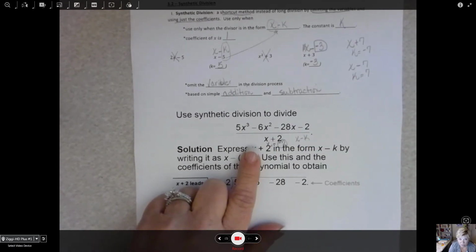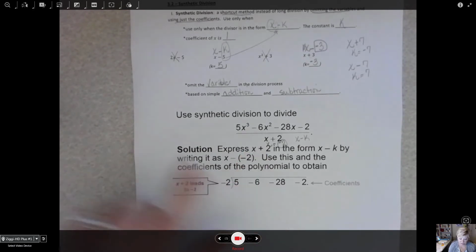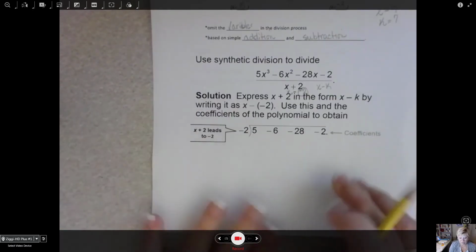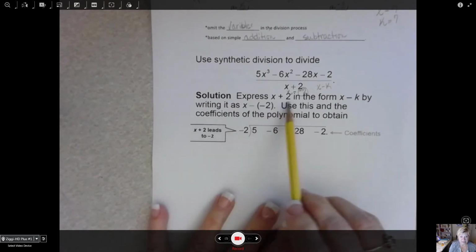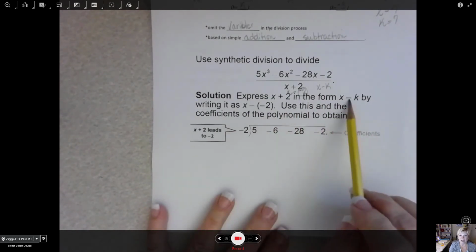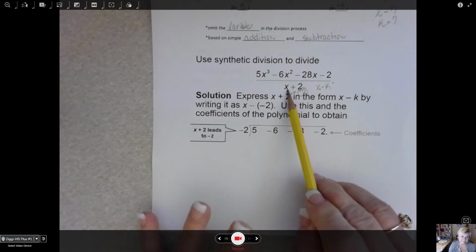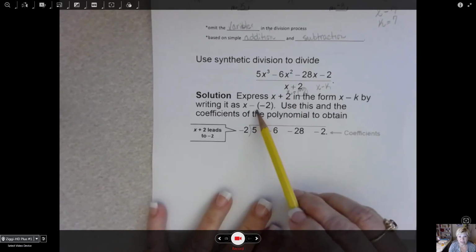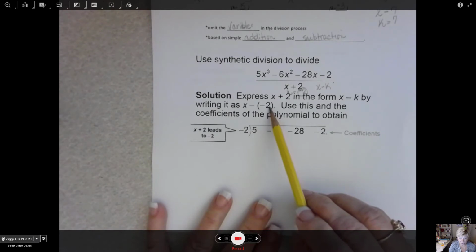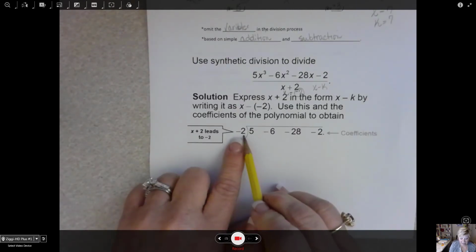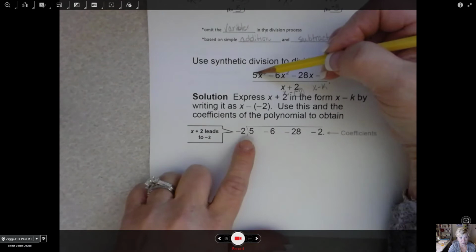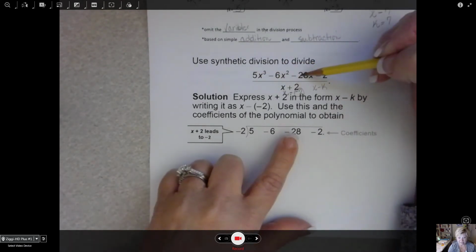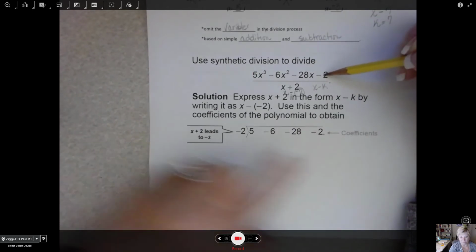Remember, your power is always 1 in synthetic division, in your divisor anyway. All right, so we express x plus 2 in the form x minus k, which I just did, by writing it as x minus a negative 2. So our k value is negative 2. Negative 2 is our k, and our coefficients are 5, negative 6, negative 28, and negative 2.